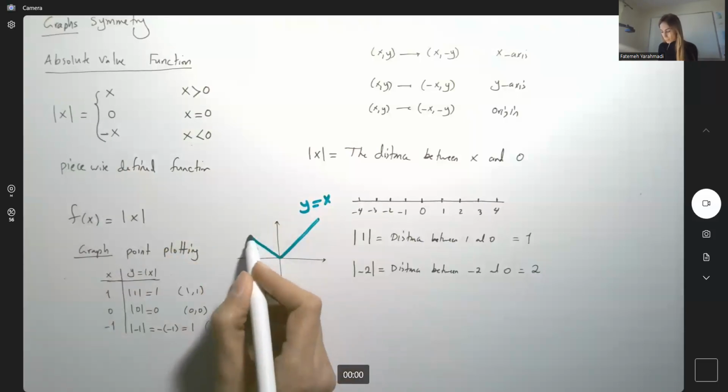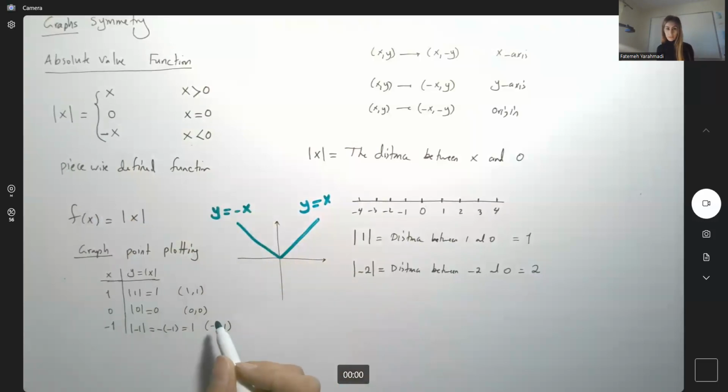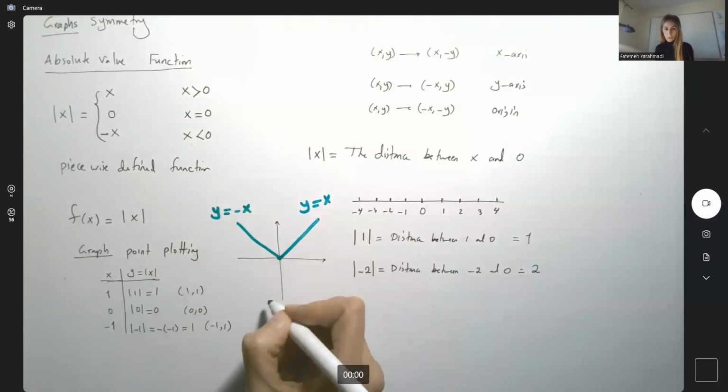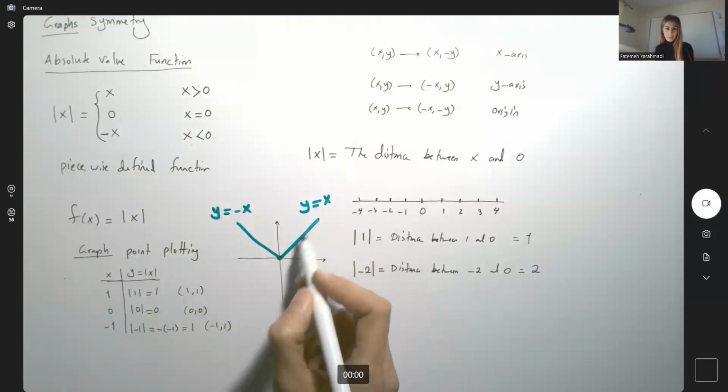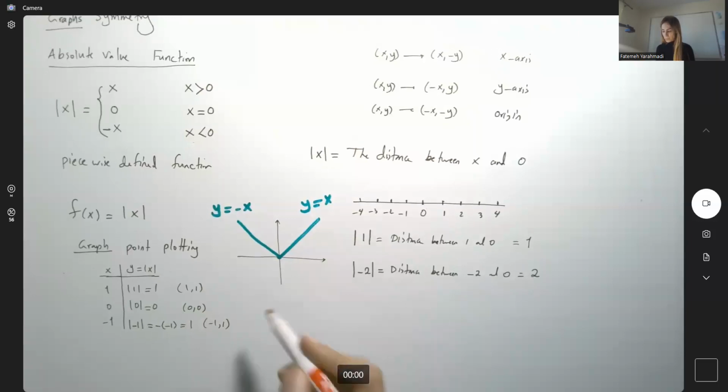Y equals -x. So this function at 0 is equal to 0 has this behavior, V-shape. Absolute value of x has a V-shape graph.